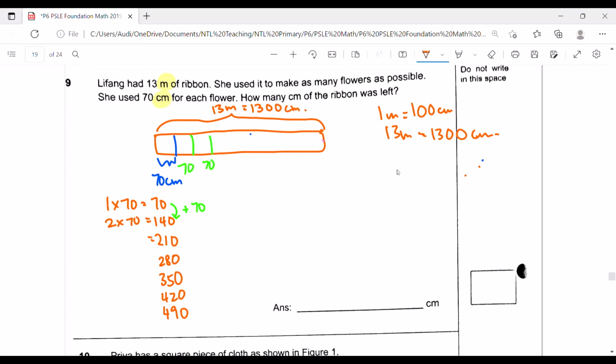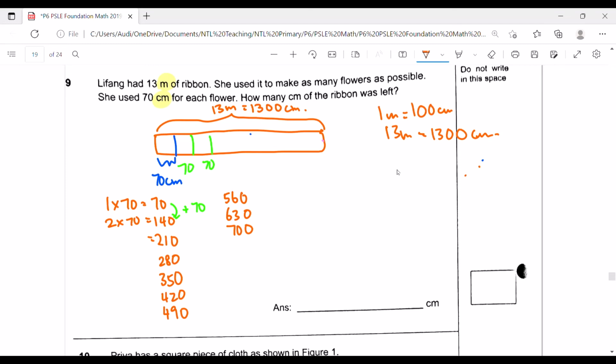What else? After 49 is 56. I'm running out of space, so I'm going to write it here. 56. Then 63. Now remember the zeros. And then this is 70.